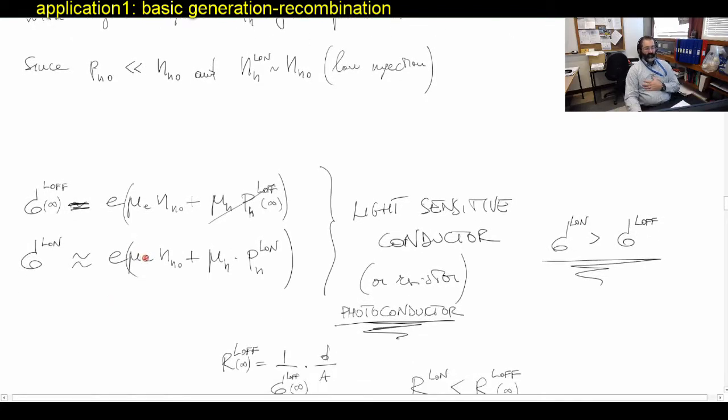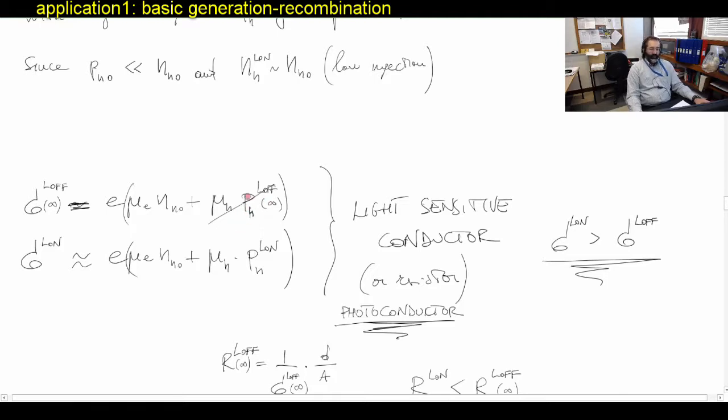So this tells us that we can translate what we've just done into conductivity. So what is the conductivity when the light is off? This is the value at infinite, when the transient is over. We can write it using the definition as e times the mobility of the electron times Nn0 plus the corresponding quantity for the P-type carriers.